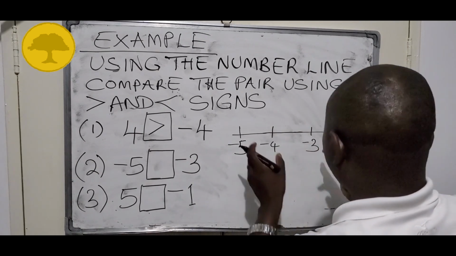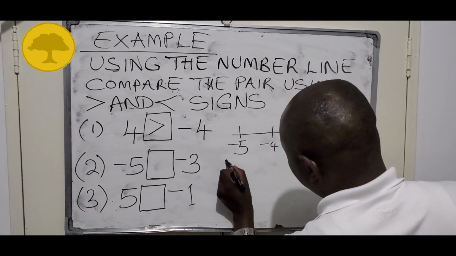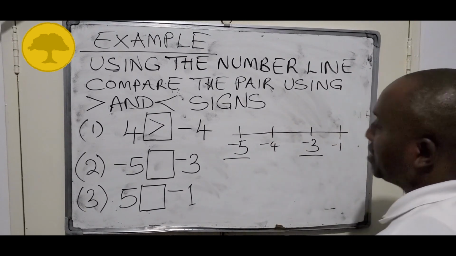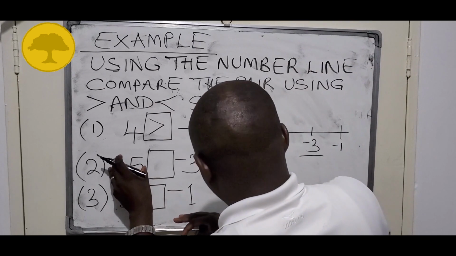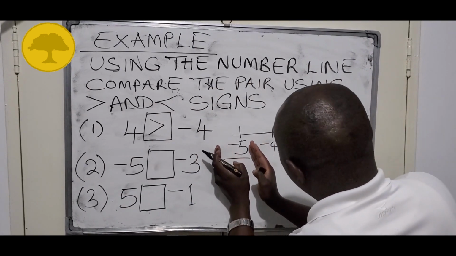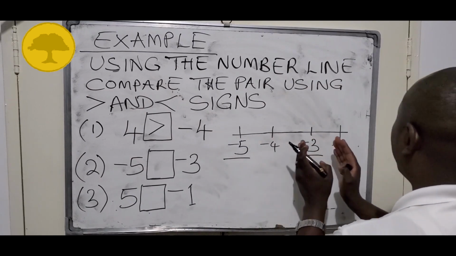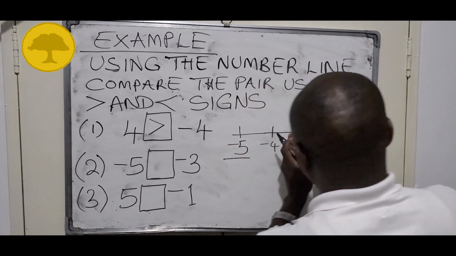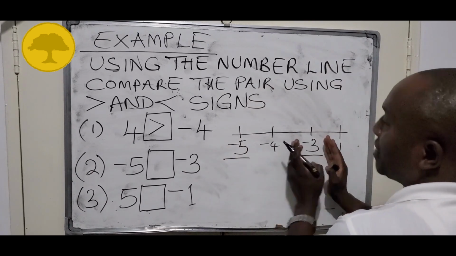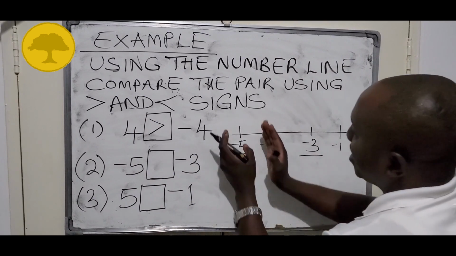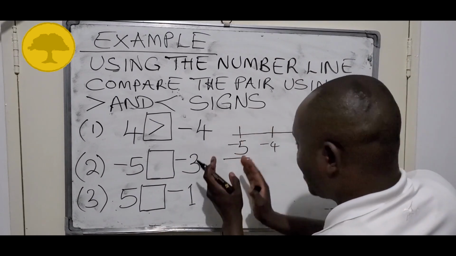Now, we are looking at -5 and -3. We are starting with -5. Is -5 on the right hand side of -3, or is it on the left hand side of -3? Looking at our number line, this clearly tells us that -5 is on the left hand side.